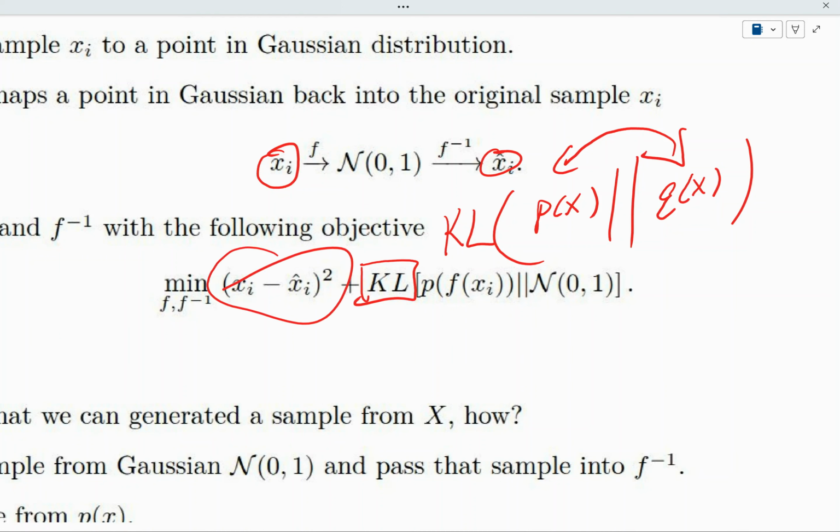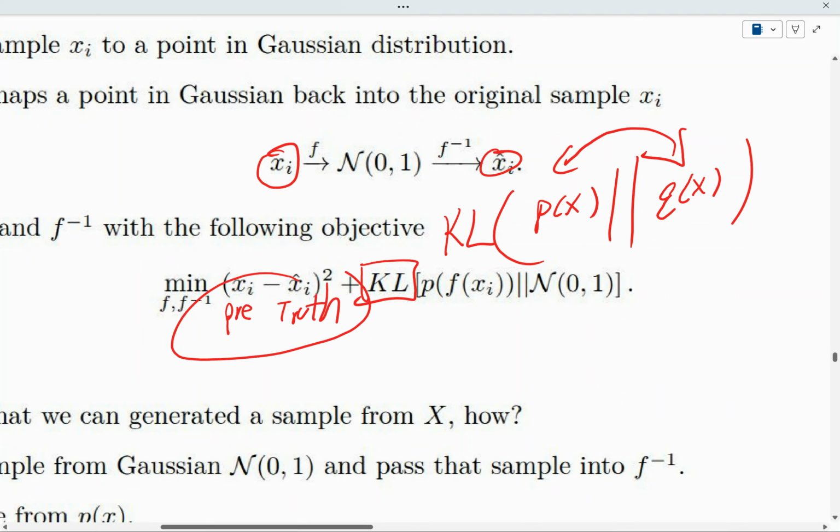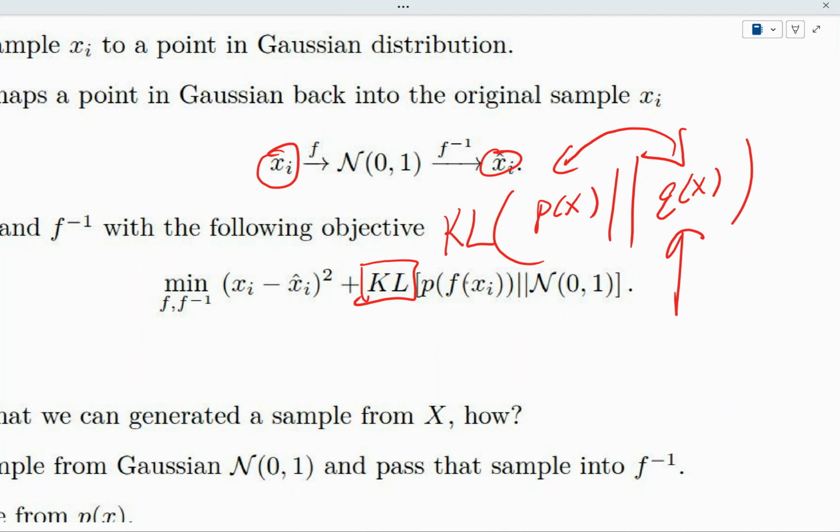Remember, in mean square error, we had our prediction, and we had the truth, right? And the goal is that we want to minimize the difference between the prediction and the truth. Here, instead of predicting a number, we're trying to predict an entire probability distribution, and we're trying to minimize the error between the distribution that we have and the desirable distribution.